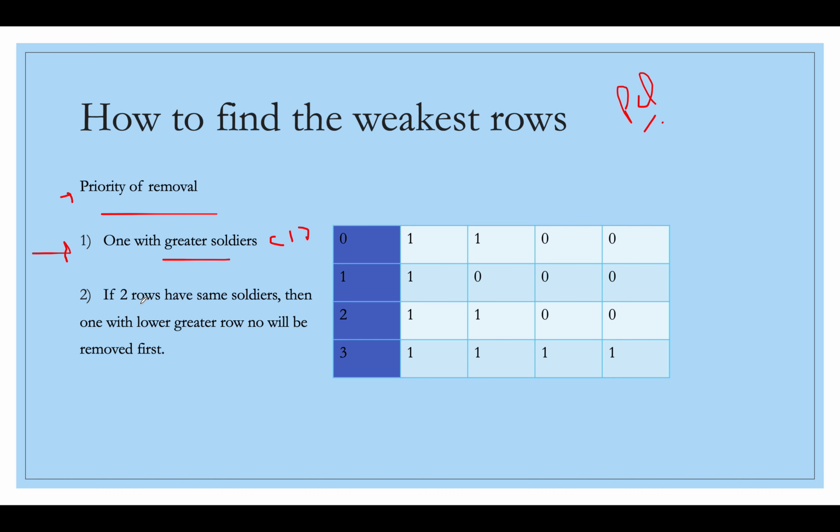And if two rows happen to have the same number of soldiers, the same number of ones, then the one with the greater row number will be removed first, because the lower one will be given precedence, being the weaker one.